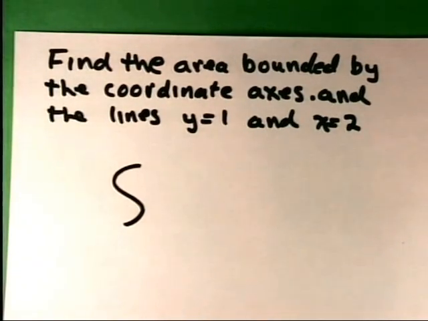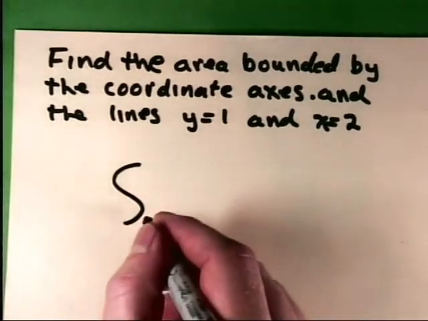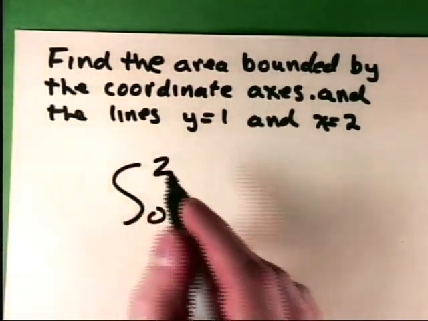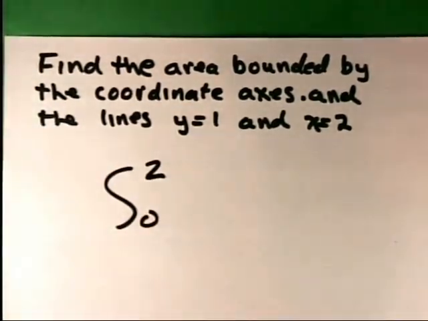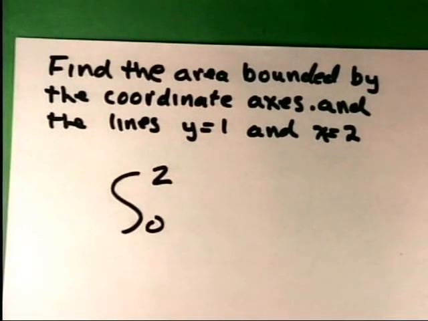Okay. What do we want to do? Y equals 1 and x equals 2. We want to integrate between 0 and 2? No, that's wrong. Okay, well, what should we do then?